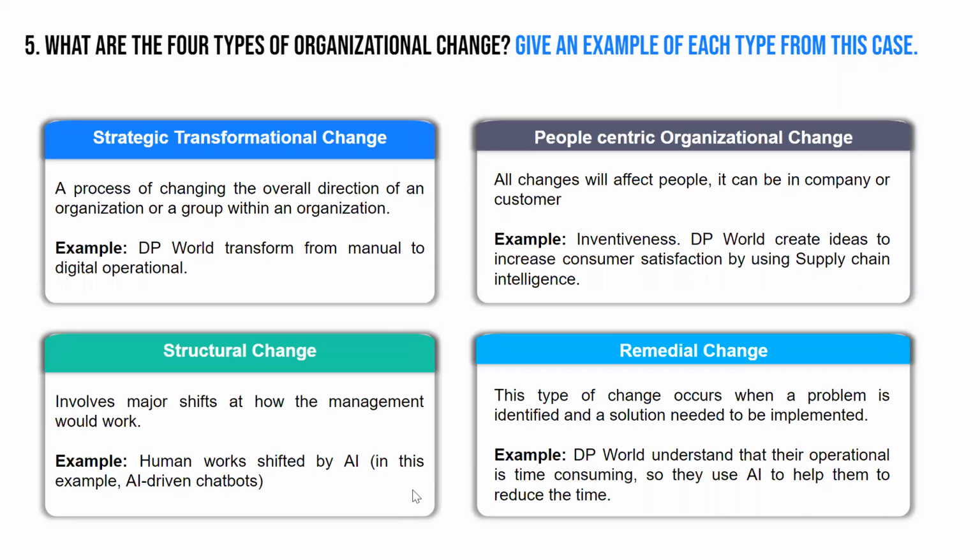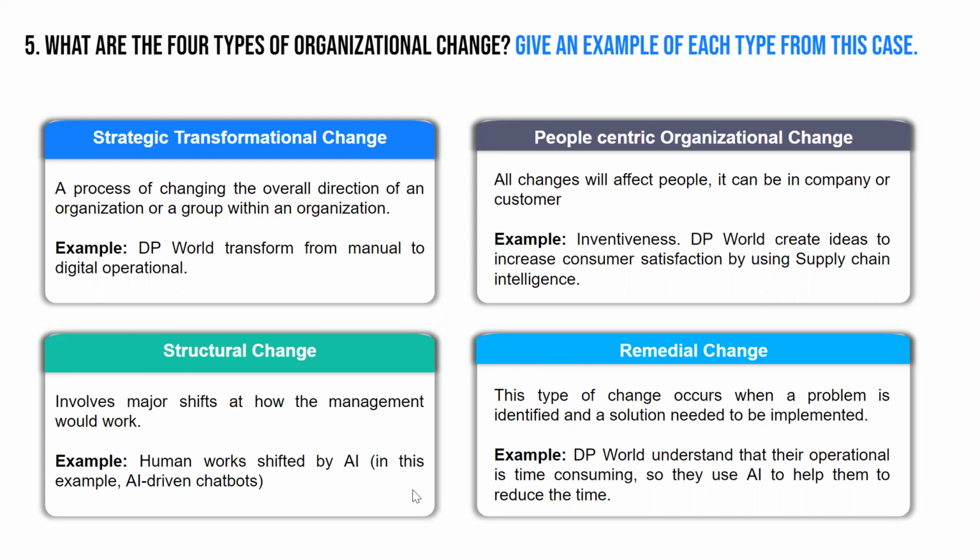About the last question, it is: what are the four types of organizational change, and give an example of each type from this case. The first type is strategic transformational change. The next one is people-centric organizational change.